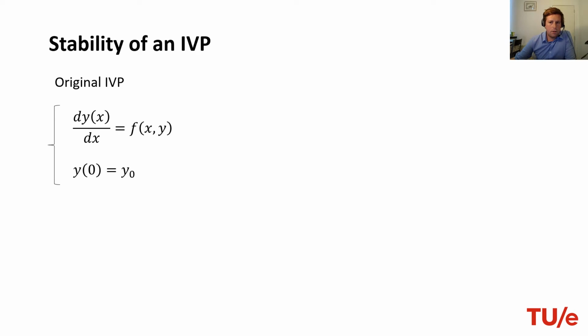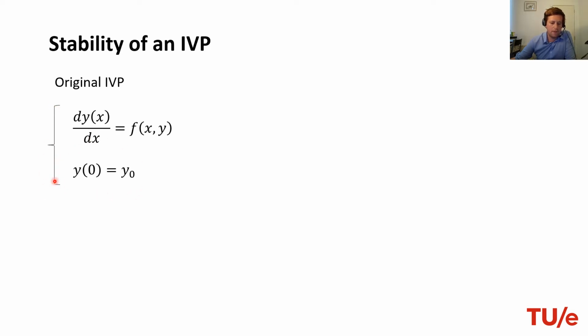Now let's look at it from a more mathematical point of view, specifically when we're talking about initial value problems. Let's define the stability of an initial value problem. Say that we have an original initial value problem consisting of this ordinary differential equation equipped with an initial condition.